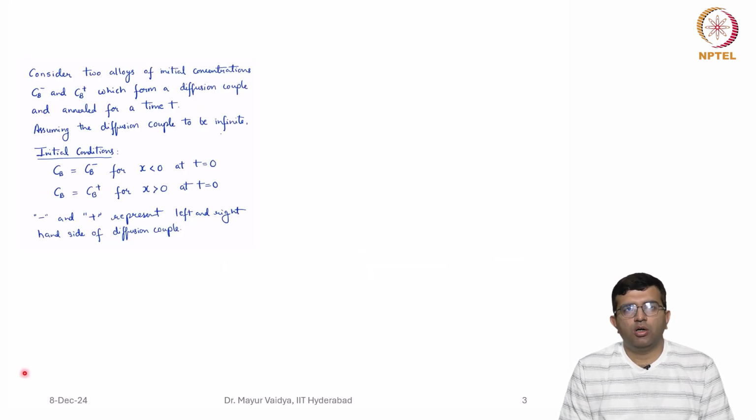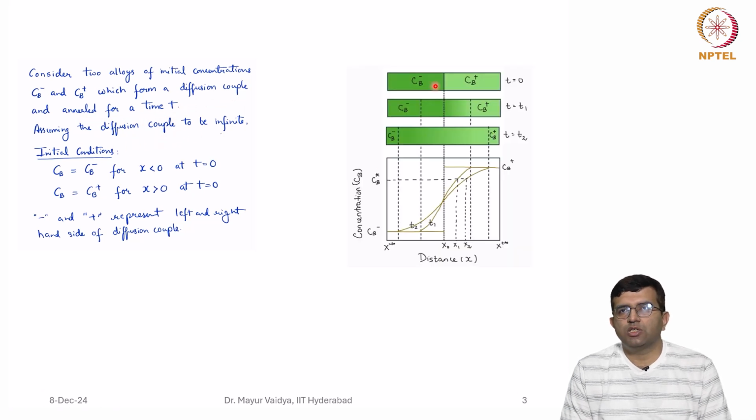Let us consider two alloys of initial concentration Cb minus and Cb plus, which form a diffusion couple and are annealed for a time t, assuming the diffusion couple to be infinite. Let me show you the sketch. This is the initial condition, and as time progresses, the interdiffusion zone expands.